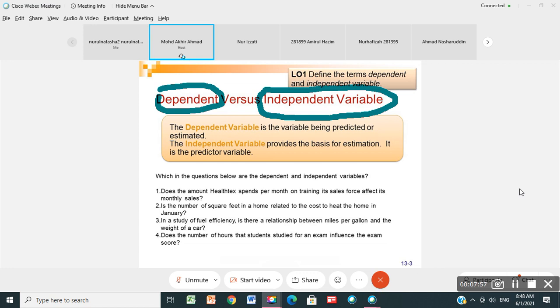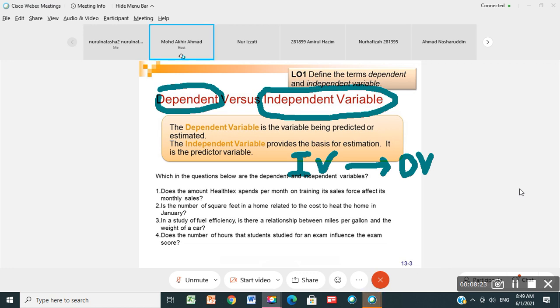Independent variable provides the basis for estimation. It is the predictor variable. So in other words, you say we have the IV here. Then they go for DV. DV they mean dependent variable.